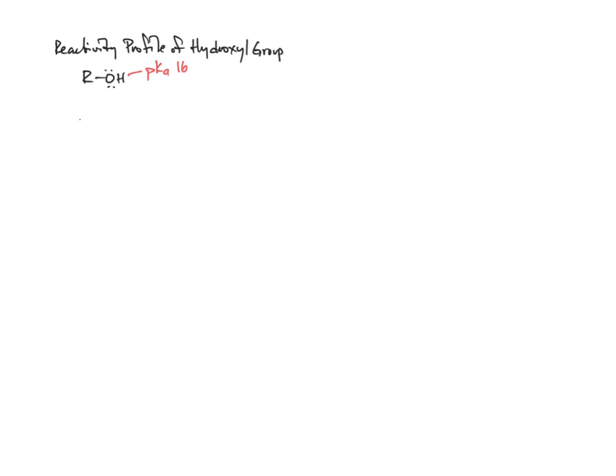So if we are in acidic medium, for example, and we have a general alcohol, I'm just going to use this as a substructure for a carbinol. We have these different substituents here. I'm not specifying them, just showing what the reactivity of the OH is under acidic conditions.